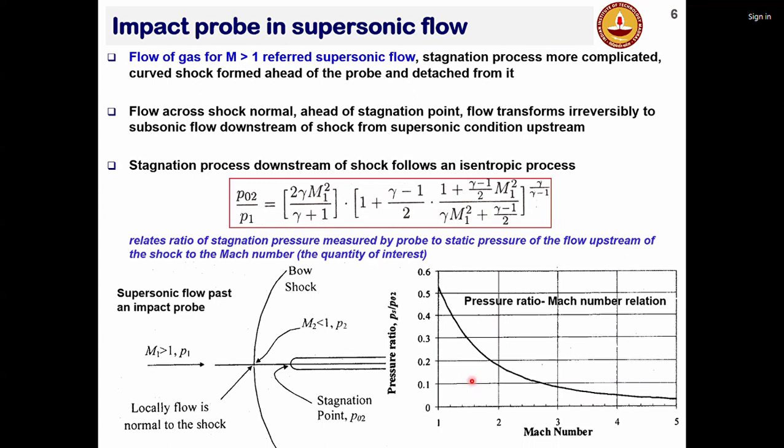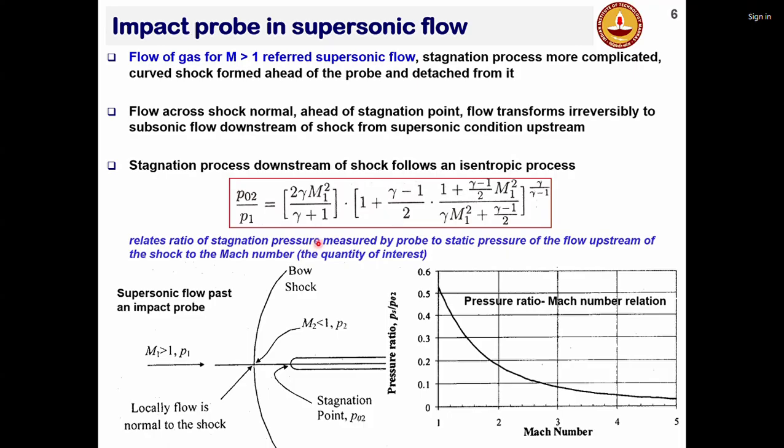In this particular case, as you would see, if this is the probe, we expect a stagnation point to be formed at the tip of this probe. Let's call it the stagnation point, and its pressure is P naught 2. Now, in the case of a probe like this, when Mach number is greater than 1, we actually have a shock wave, which is curved in nature.